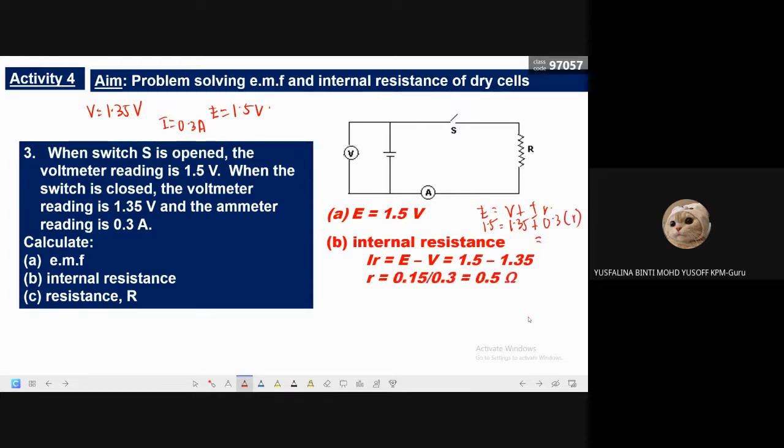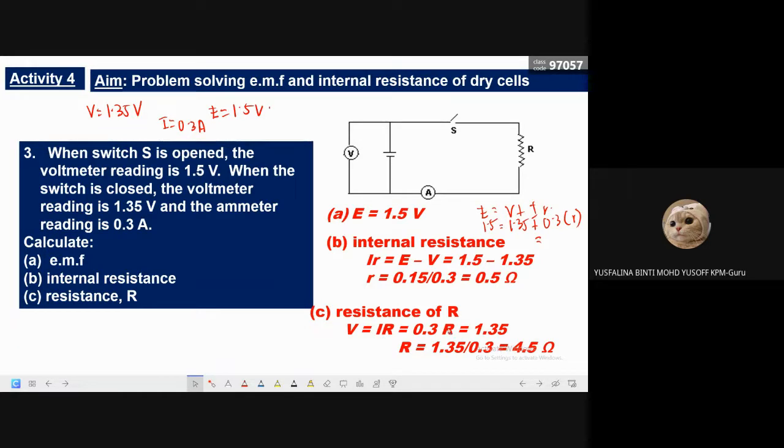You will get 0.15, so this one becomes minus and divide by 0.3 later. So how about the resistance? We use V equals IR. We already know the value of V is 1.35, and your I is 0.3, so you can find your R. You will get R is 4.5 ohm.